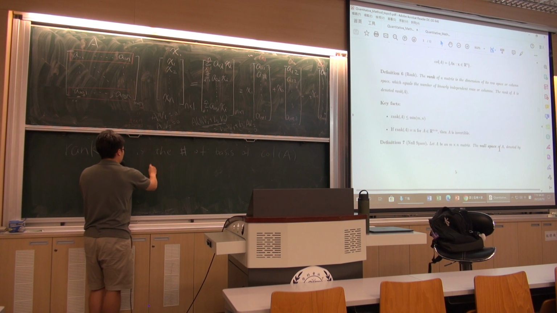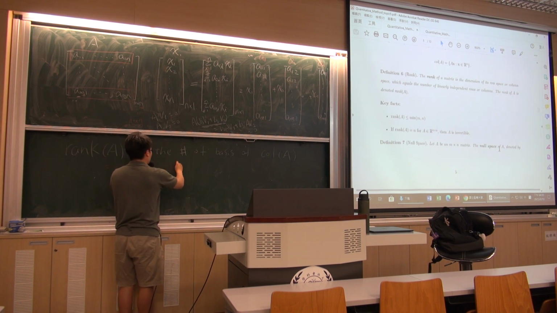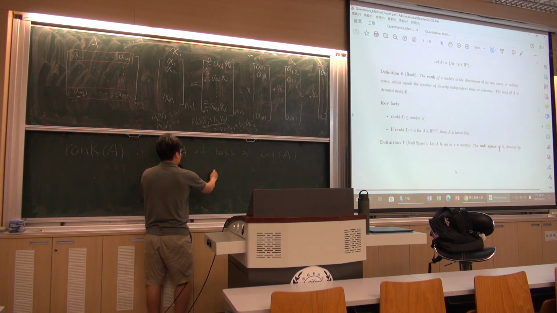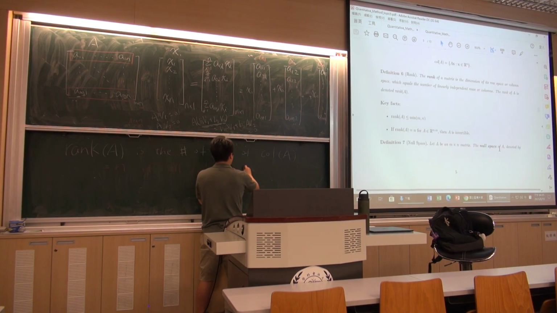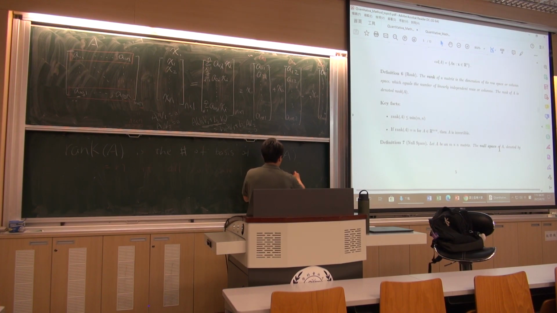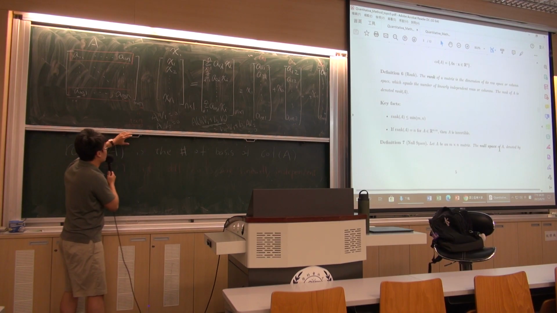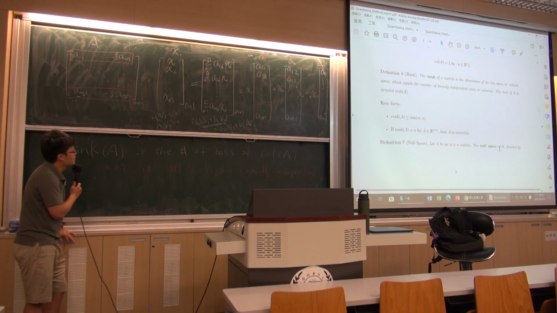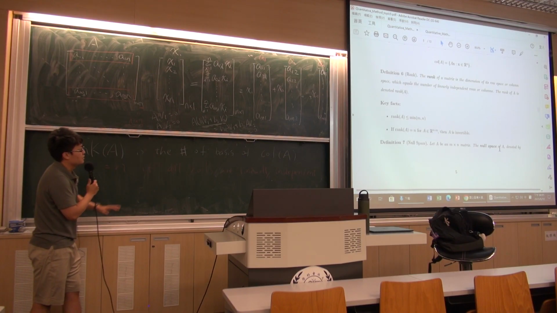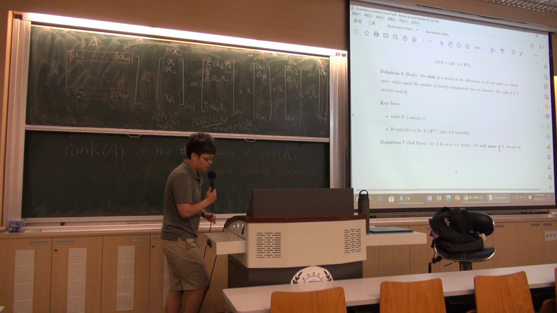If all columns are linearly dependent, right. In this case, n by n, or m is larger than n. Yeah, I think that's something I want to mention in the rank section.